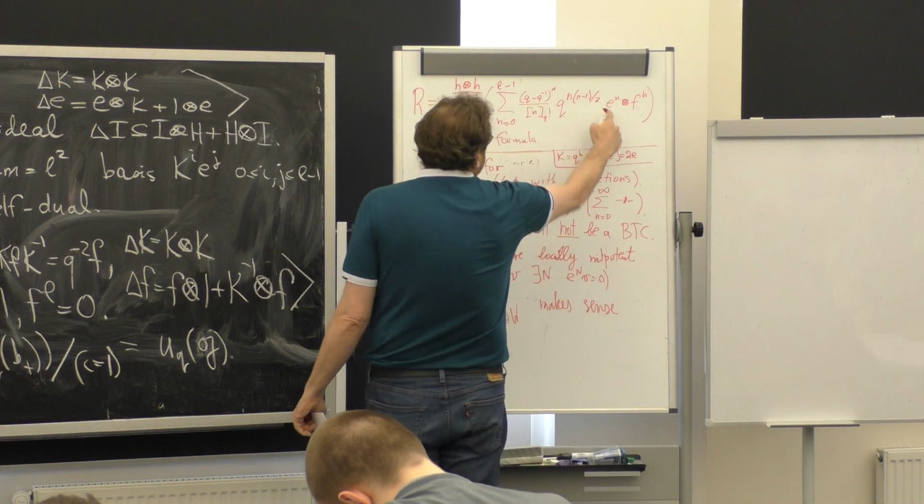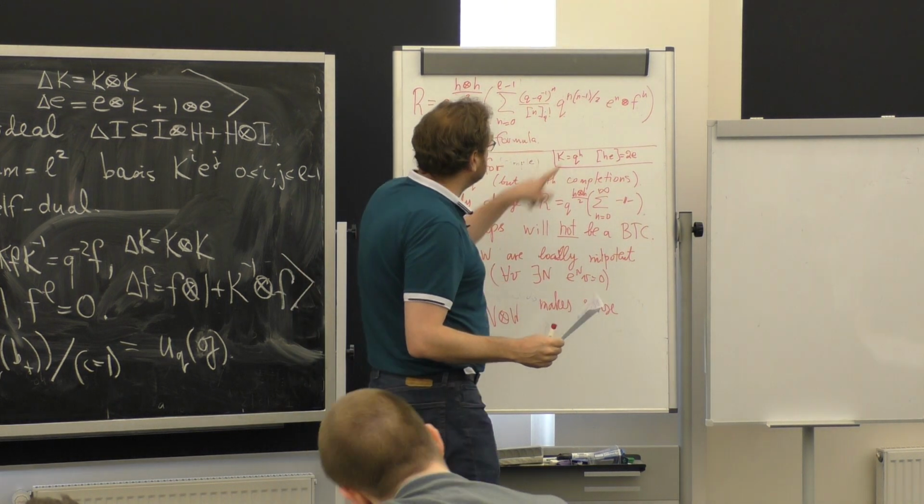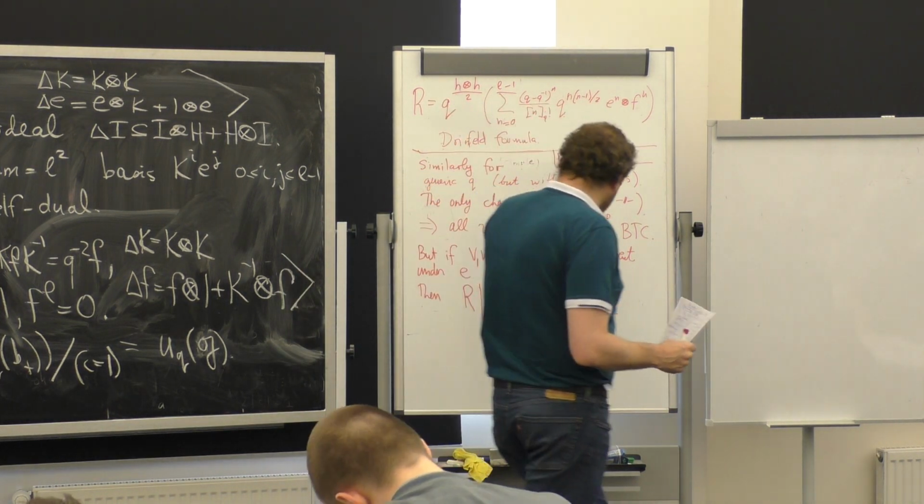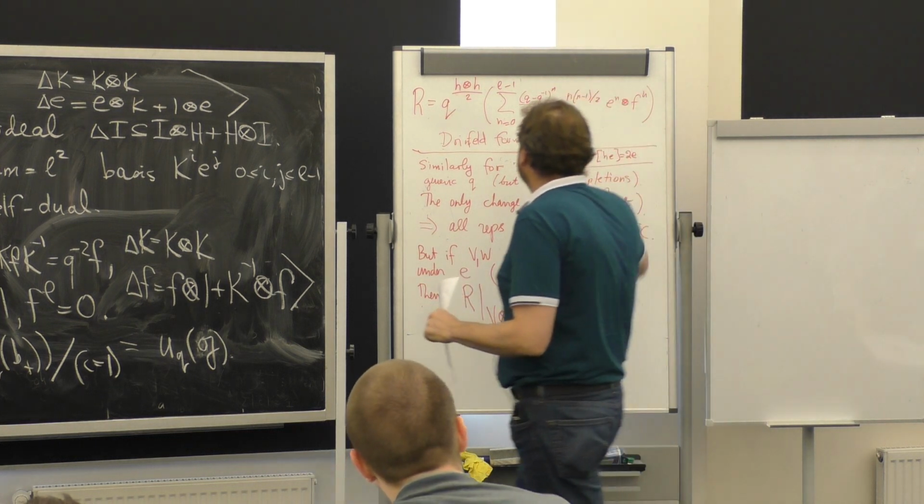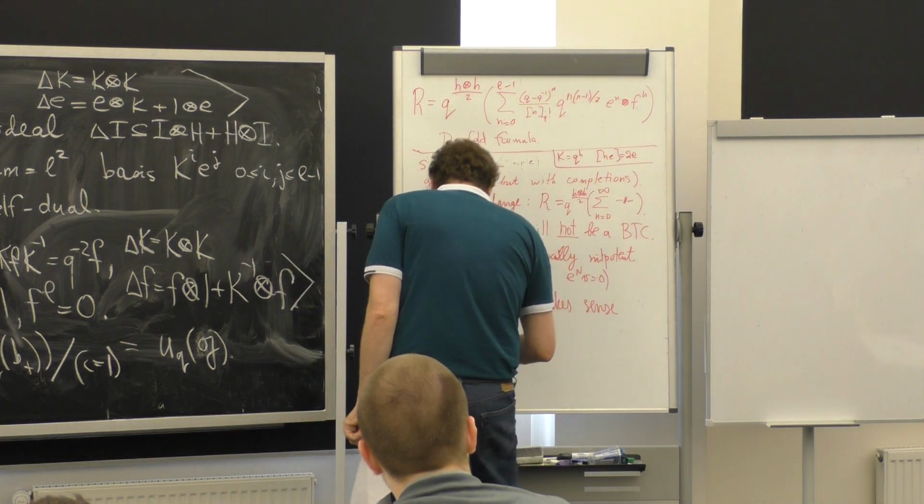Because if we apply this sum to an arbitrary product of vectors v tensor w, because of this local nilpotency condition, this sum will terminate and become finite. Makes sense.